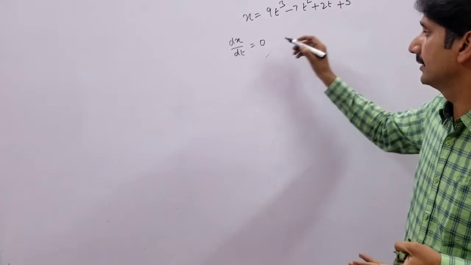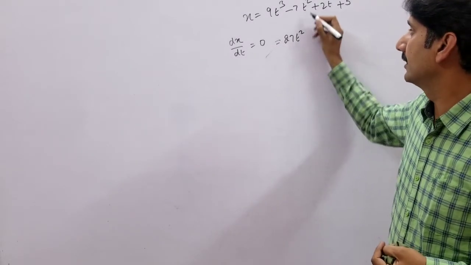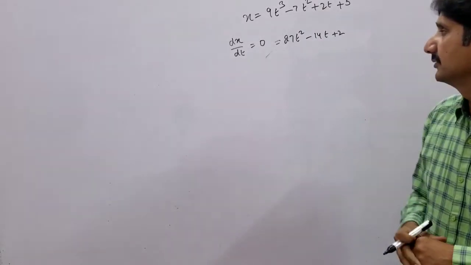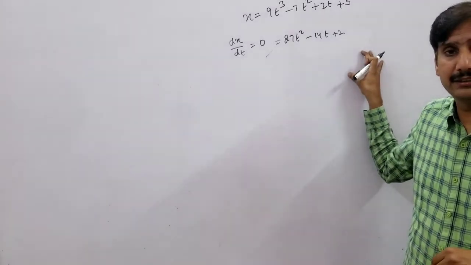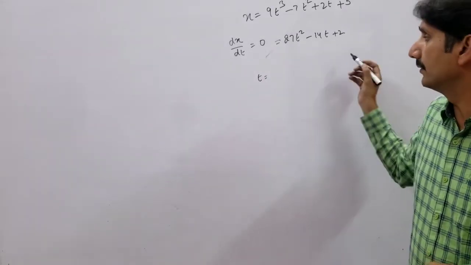How would you do that? dx by dt is equal to 27t square minus 14t plus 2. This is a quadratic in t, and t can be solved. How would you solve it?